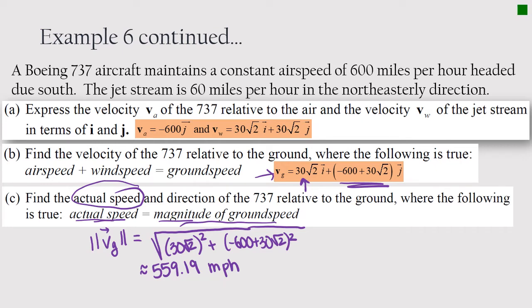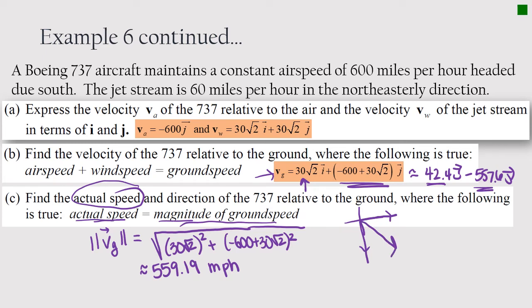Now, if we had to figure out the angle it was going in, the first thing I'm going to do is see what this vector is. Remember we said this is about 42.4i minus 557.6j. This is the horizontal component, so your x values are going positive, your y values are negative, so that's going to put us somewhere in that fourth quadrant.